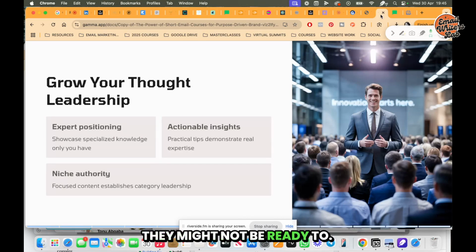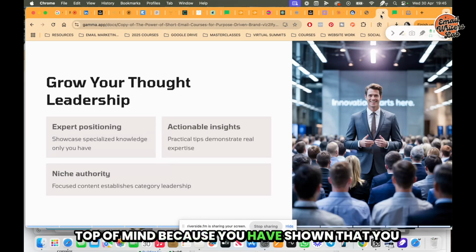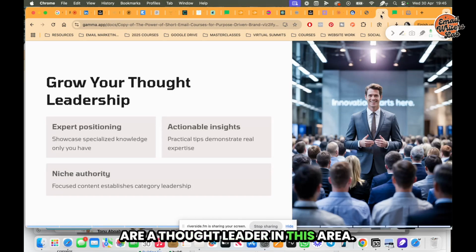They might not be ready to book a spot in your Airbnb at that time, but if somebody comes to them and says, oh, I need a place to stay, or I'm thinking of starting an Airbnb, then you are the person that's top of mind because you have shown that you are a thought leader in this area.